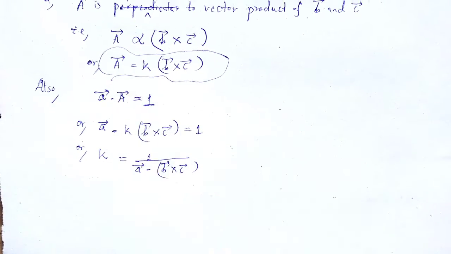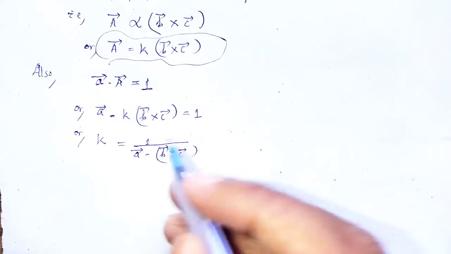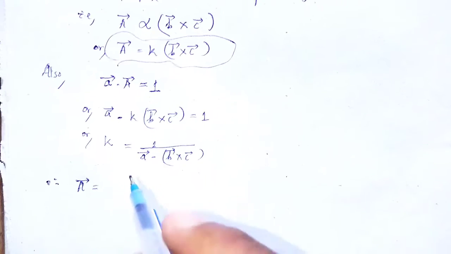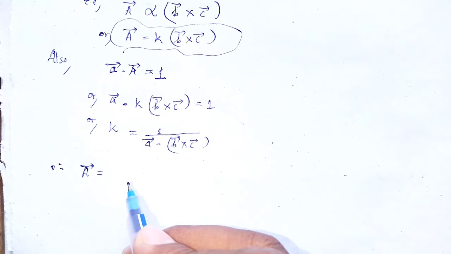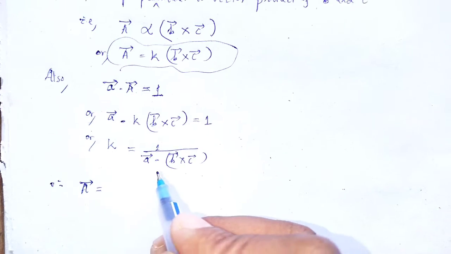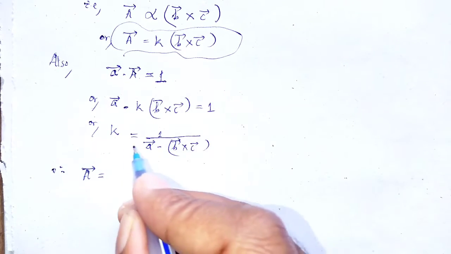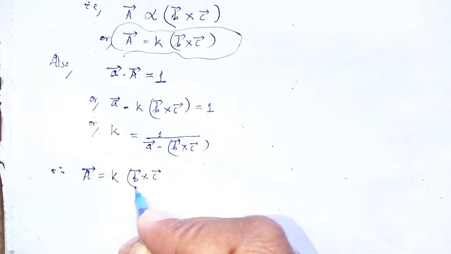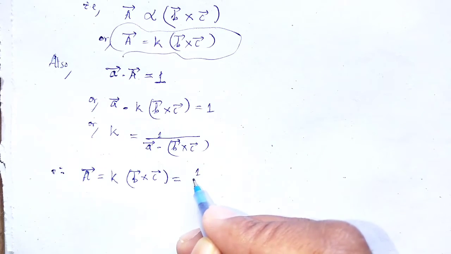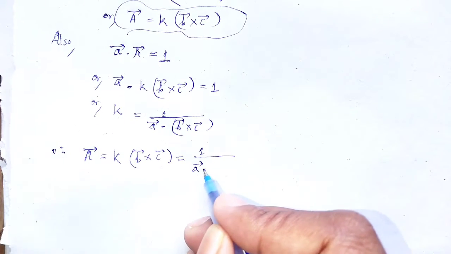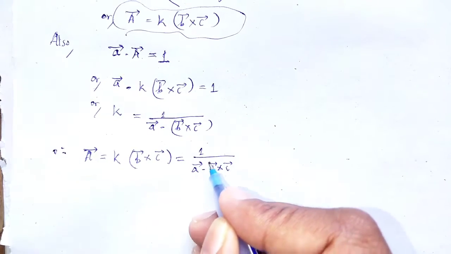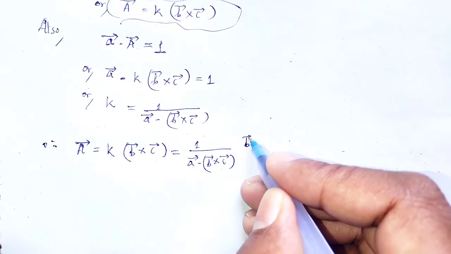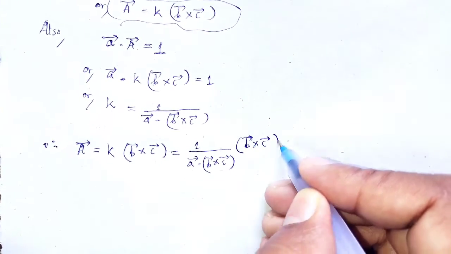Therefore a vector is written by substituting that value of k: k into b cross c is equal to 1 divided by a dot b cross c, into b cross c.